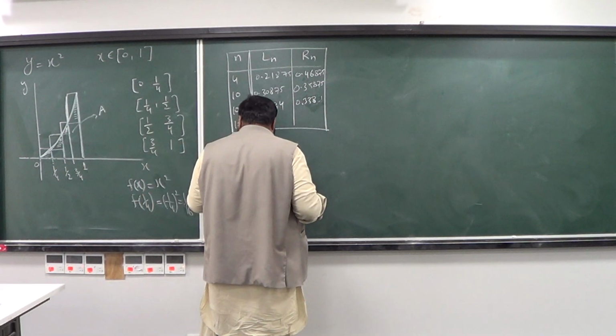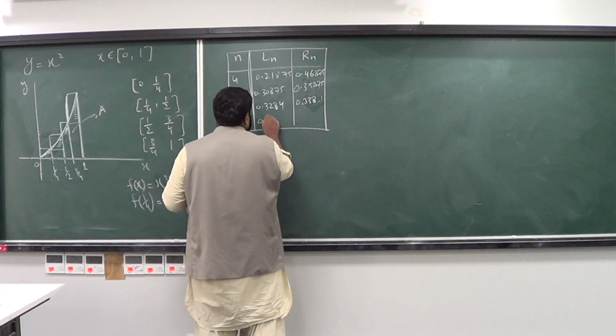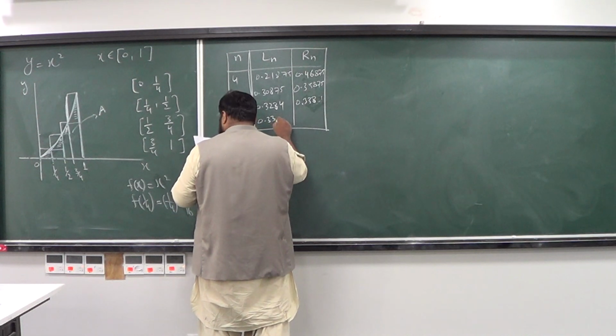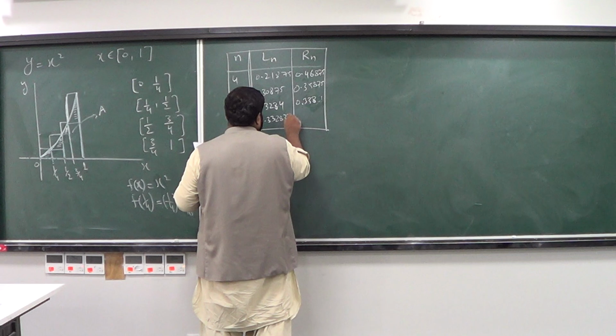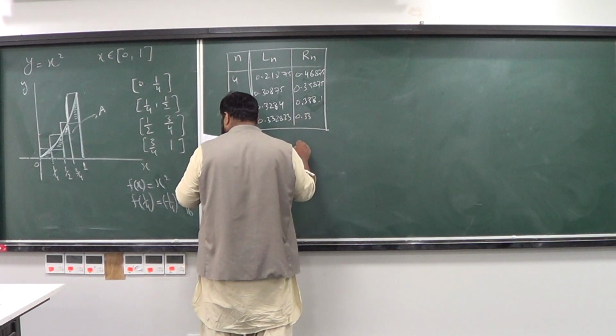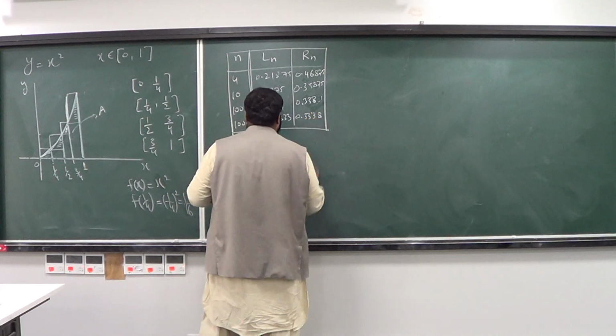So for 100 it is going to be really... with 1000 it is going to be 0.333, 2833, and this is 0.3338 and so on and so forth.